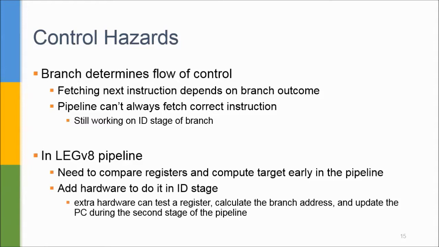One possible solution is to stall immediately after we fetch a branch, waiting until the pipeline determines the outcome of the branch and knows what instruction addresses to fetch from. For example, we could put in enough extra hardware so that we can test a register, calculate the branch address, and update the PC during the second stage of the pipeline.